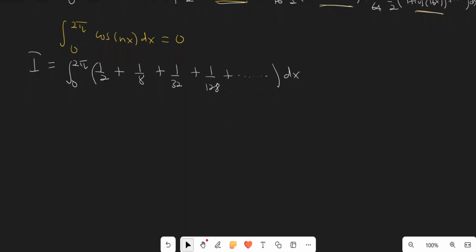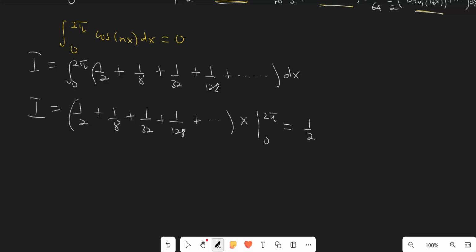And now these are just a bunch of constants, right? So you can just integrate this. So I is going to be the constant 1/2 plus 1 over 8 plus 1 over 32 plus 1 over 128, and so on and so forth, times x, integrated from 0 to 2 pi.